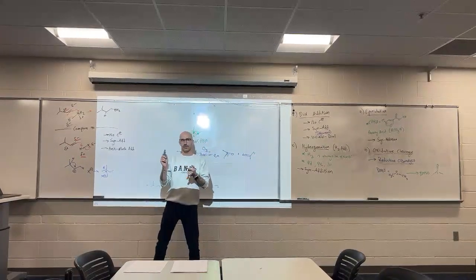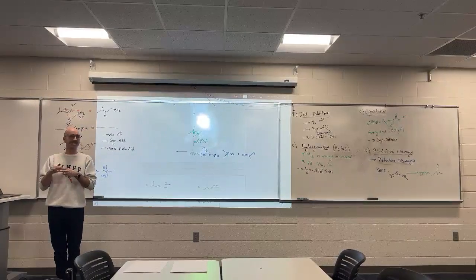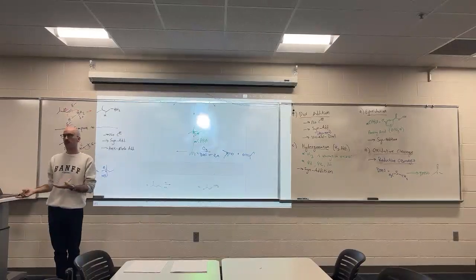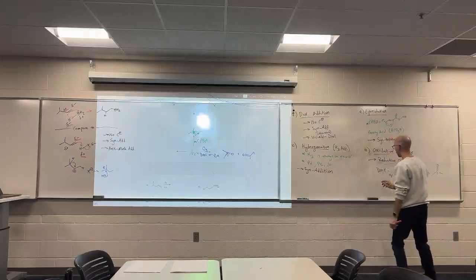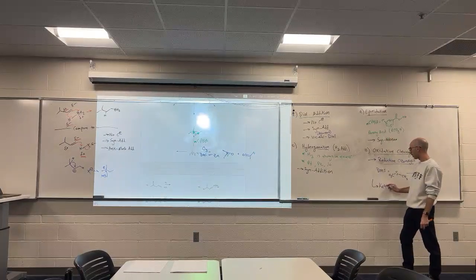There is no stereochemistry to consider here. An sp2 carbon becomes an sp2 carbon. But there is a little bit of regiochemistry to consider, and that would be ketones and aldehydes are possible.